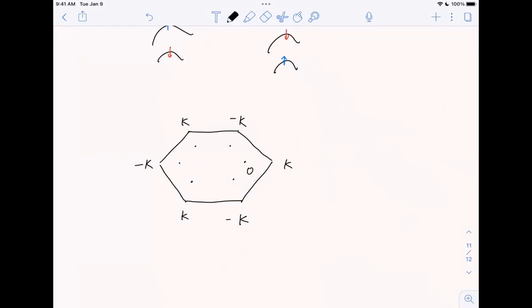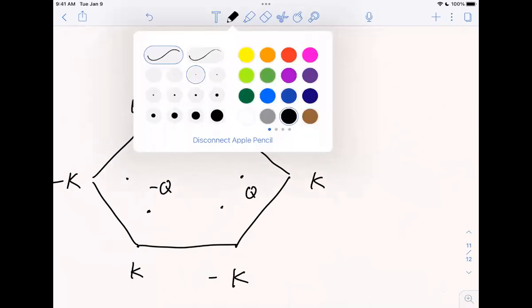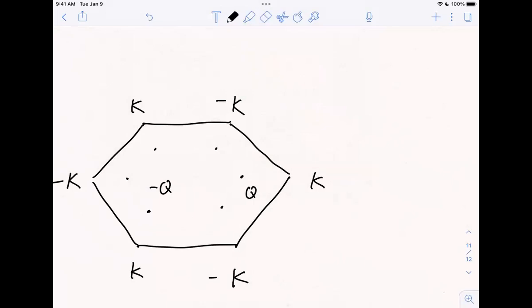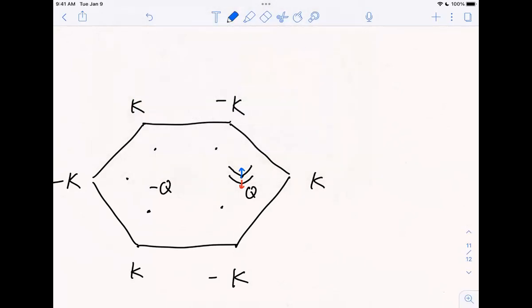Okay, so this is Q. So this will be negative Q. Then here the band will be something like this. Let me zoom in. So you have a band like this. And then you have spin down, spin up. You have the spin up splitting. Then you get the same thing here.